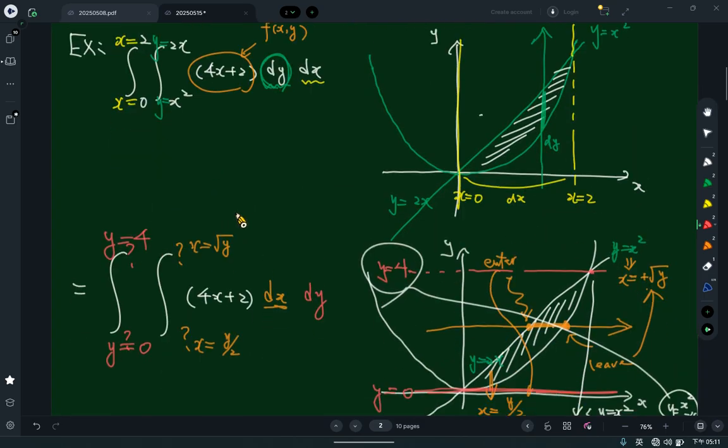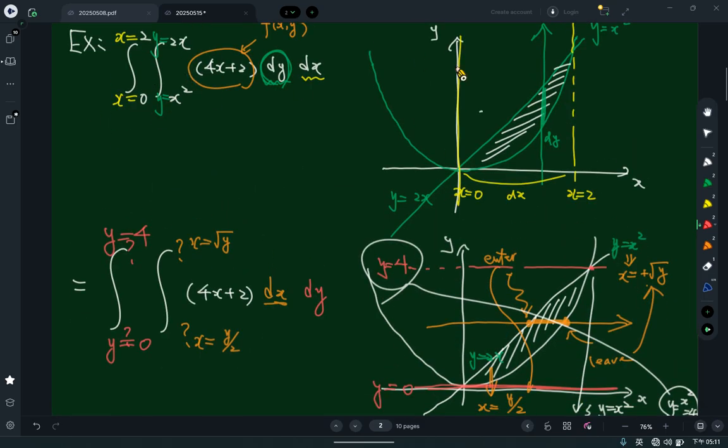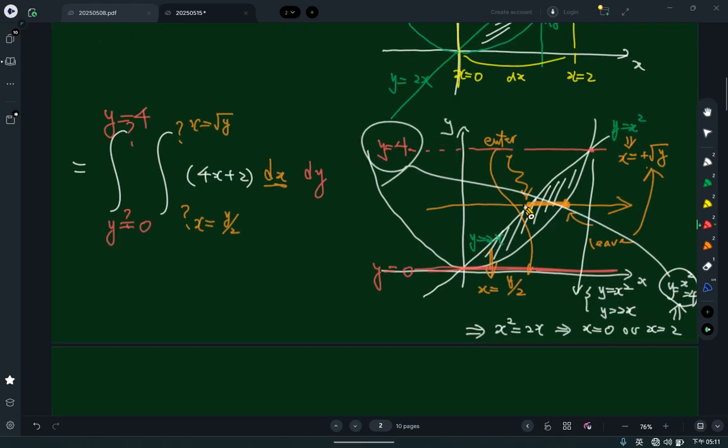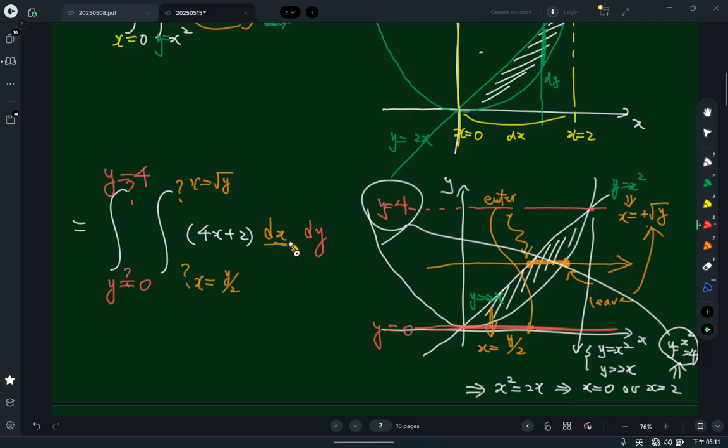So you can see from here, we first measure the region, make sure they go for dy first. So we will focus on this region. Then we just change the order. So we just focus on x first. So we just emit a ray which is parallel to the x-axis.